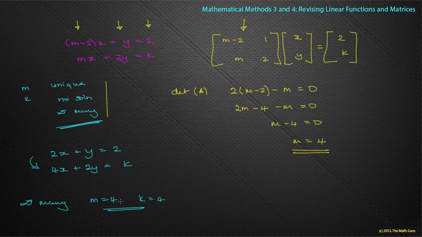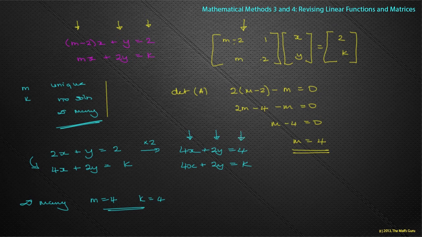But what happens if both of these were not the same? If I have 4x plus 2y equals 4, where all I've done is multiply that equation there by 2, and leave this as 4x plus 2y equals k, we can now work out that for parallel lines, we remember, the coefficients of both x and y are the same, but these cannot be the same.